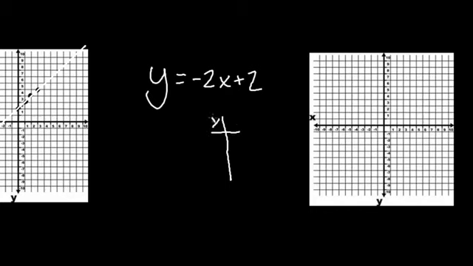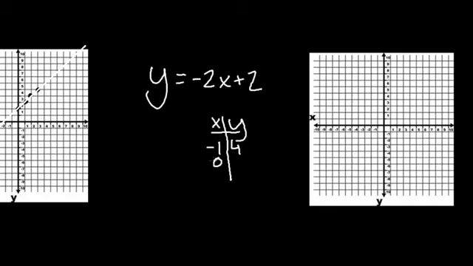And then if we go down, this is going to be our last example. If we had y is equivalent to negative 2x plus 2, and then we had x and a y. What if our x was negative 1? If it was negative 1, it would be negative 1 times negative 2, which would be 2, plus 2. So then it would be 4.